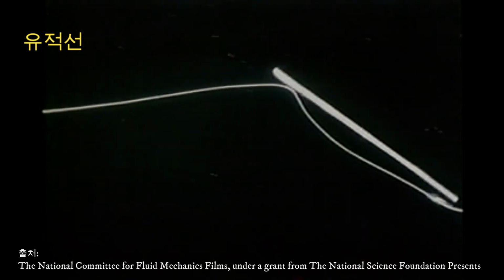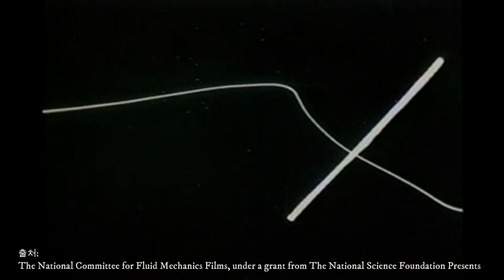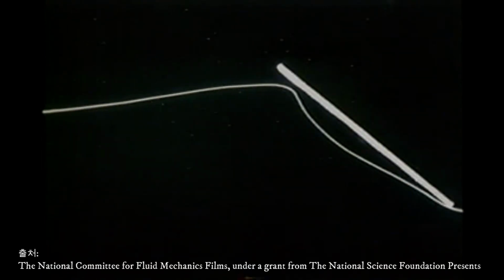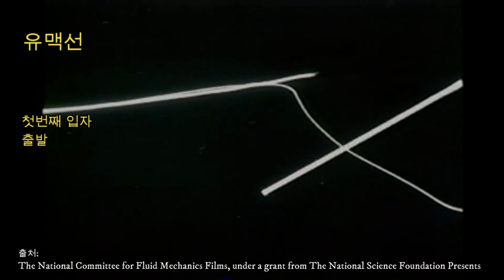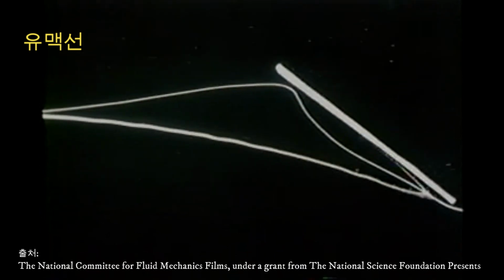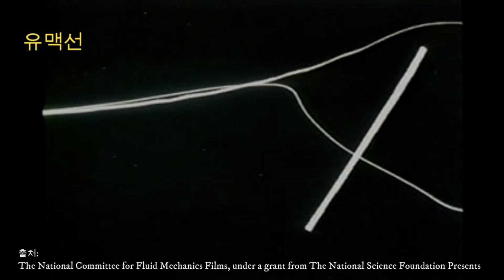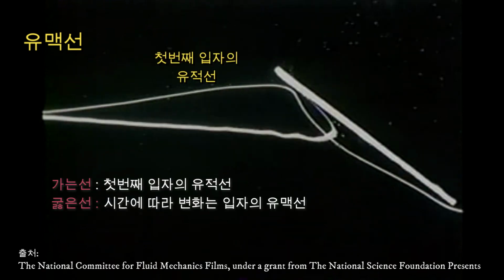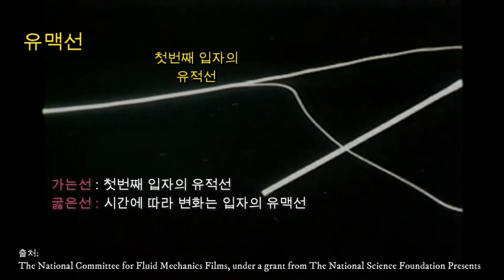Now compare the path line with a succession of instantaneous streak lines entering through the same point. None of the instantaneous streak lines coincides with the path line.